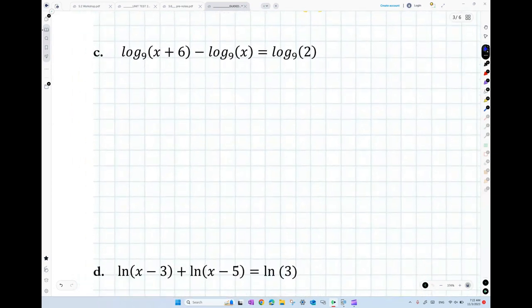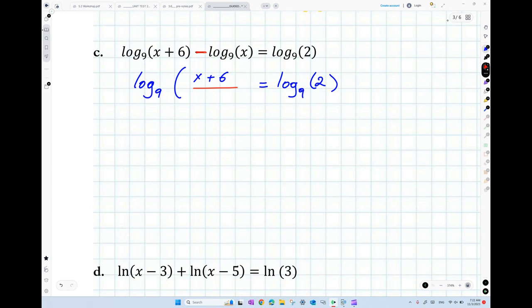C, I cannot simplify logarithm like this. The only way that this log 9 will disappear is if it takes the whole side of each side, which means that on the left side, I'm going to condense this subtraction. So I'll have log 9 of x plus 6 divided by x.